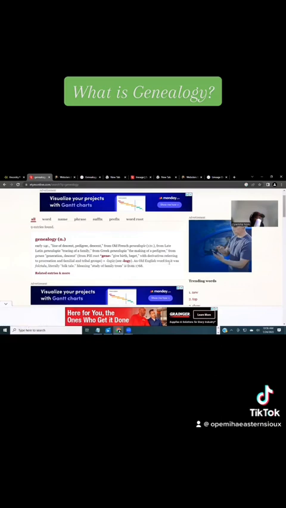An Old English word for it was folc-talu, literally folktale, meaning study of family trees, is from 1768. Okay, so that's the Etymology Online definition of genealogy.